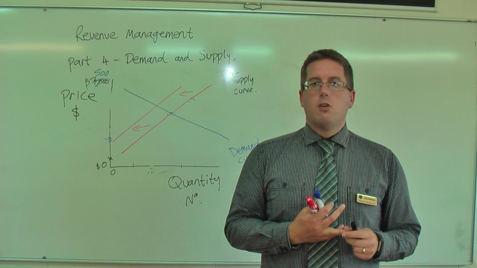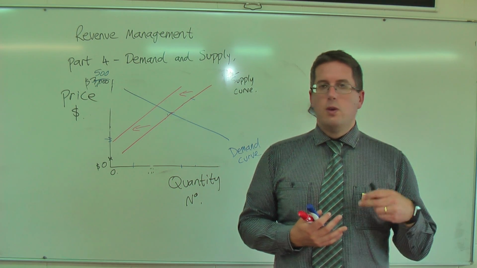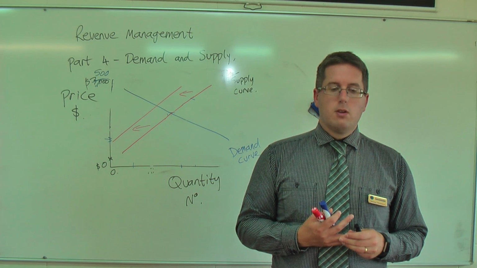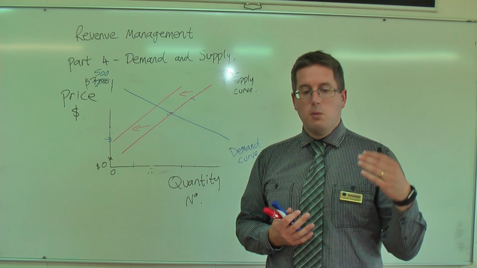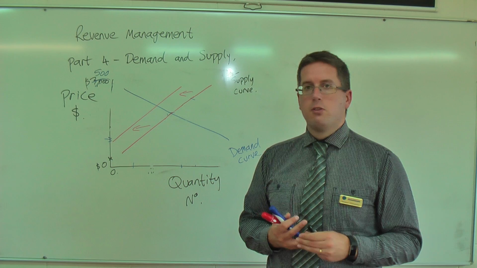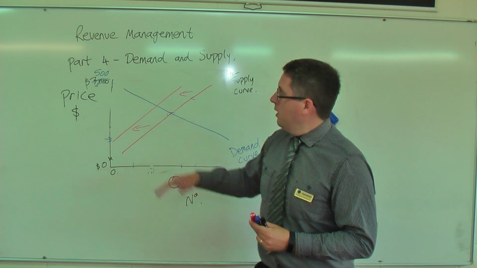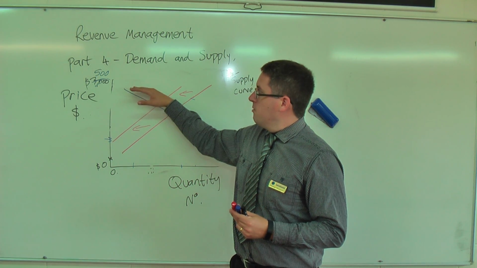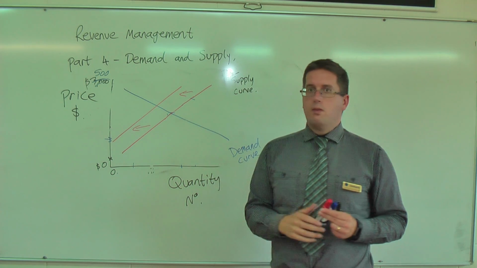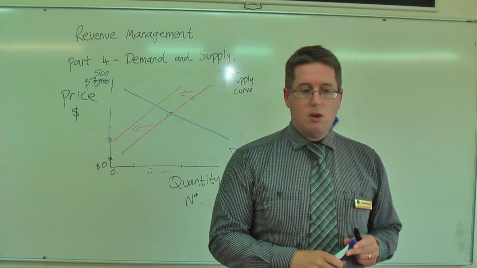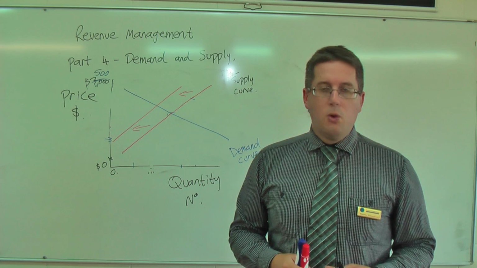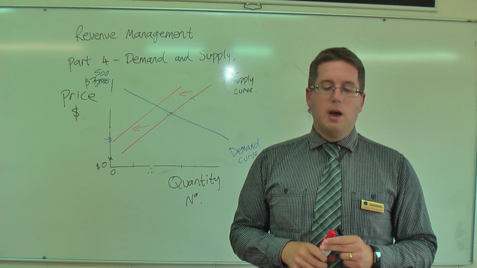Second point, you've got to create value. Always think about the value proposition, that formula. Value equals perceived benefits minus price. By getting that right, pushing up the perceived benefits increases the number of people demanding a hotel room. And the third point, events can change demand or supply.